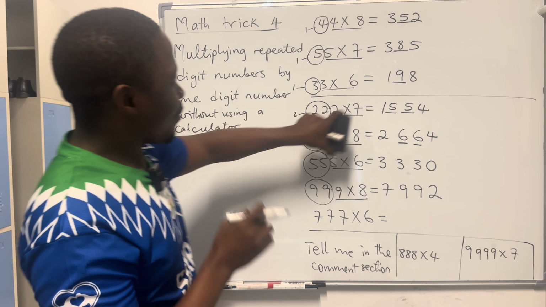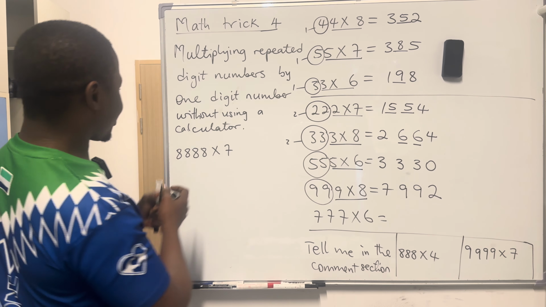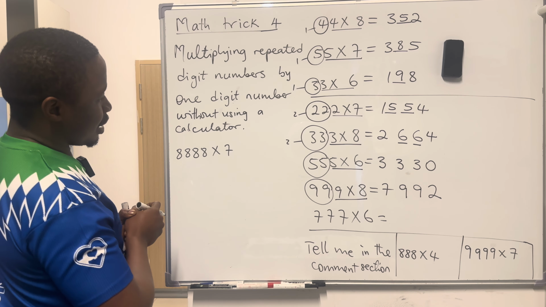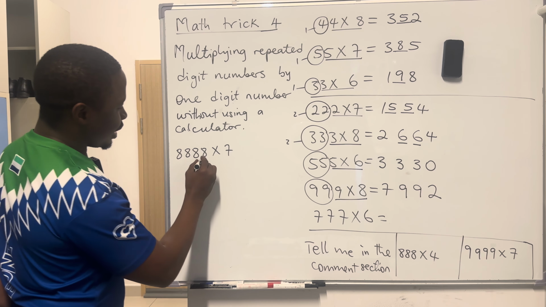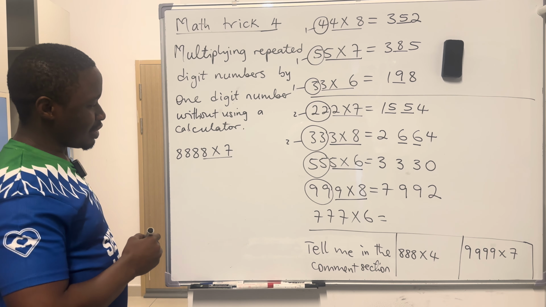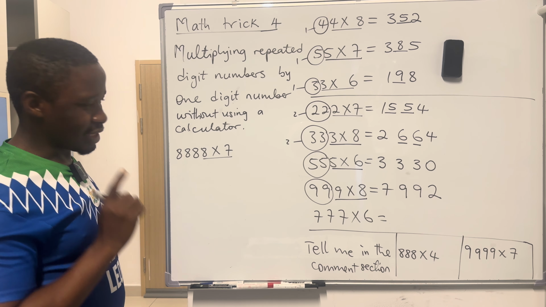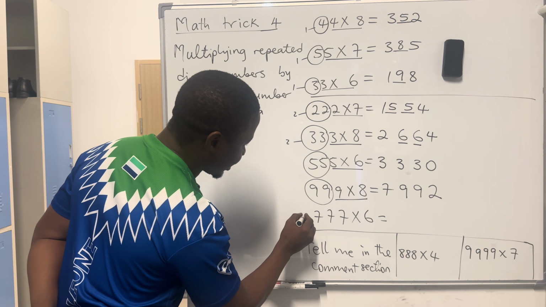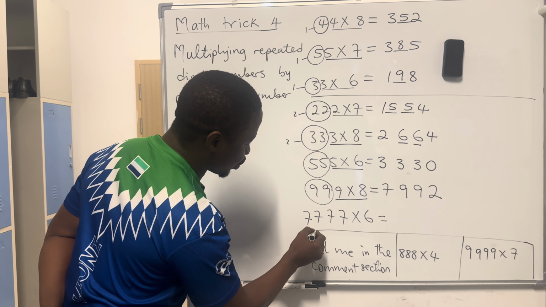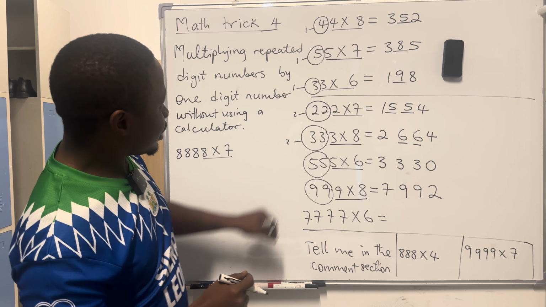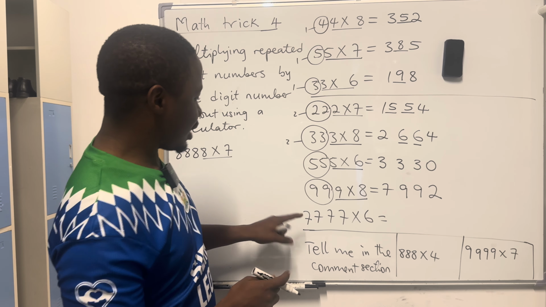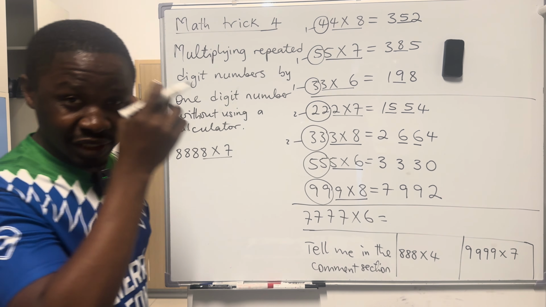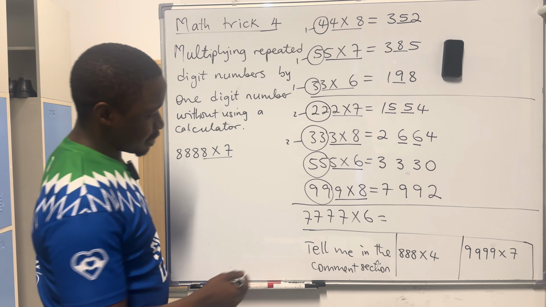Now let's see here. 8 times 7 is 56. Excuse me, I was planning to do 4 digits because here are 2 digits. Let this one be 4 digits.